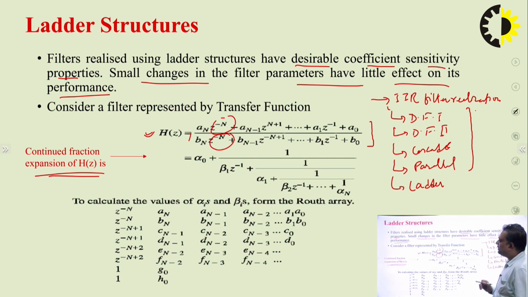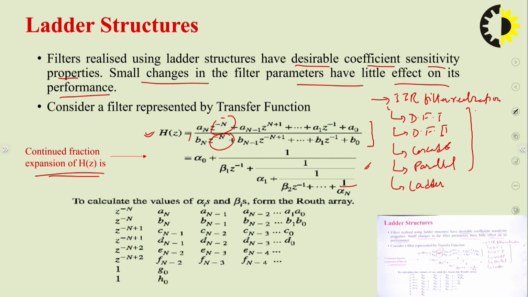The continued fraction expansion of this transfer function will be of this type: alpha 0 plus 1 upon beta 1 z to the power minus 1 plus 1 upon alpha 1 plus 1 upon beta 2 z to the power minus 1 plus 1 upon alpha n. When we have the values of alpha 0, beta 1, alpha 1, beta 2 and alpha n, we have the transfer function H(z) in continued fraction expansion form.